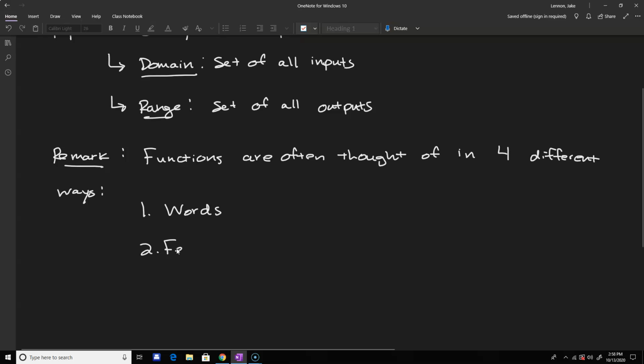You could also talk about it by a formula. We've seen lots of those with linear and quadratic formulas. Those are actually functions as well. We'll have a special notation for functions, but really if you think about something like y equals 5x squared minus 3, that's a way to describe a function using a formula.